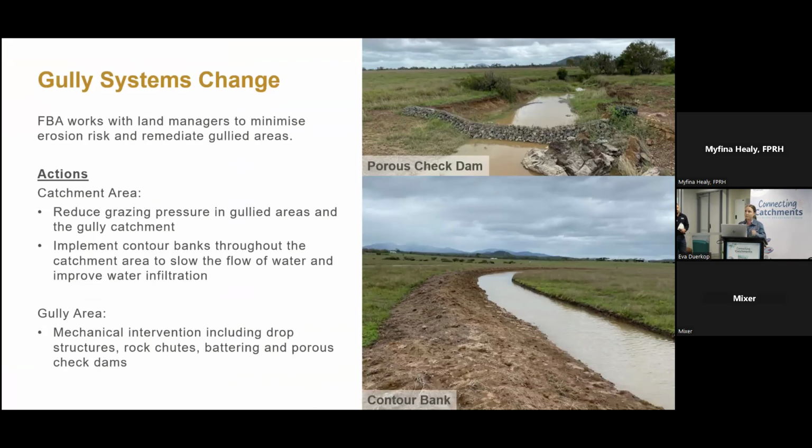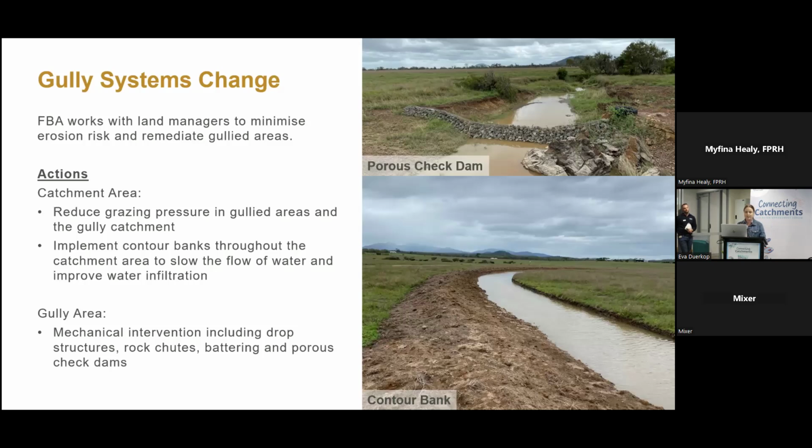So it's slowing the flow of water down before it really hits the start of the erosion that's in the paddock. Another example is implementing contour banks throughout the catchment area, which is the bottom photo there. That's the level bank that holds water up, particularly on a slope, so it slows the flow of the water down before hitting the head of the gullied area.